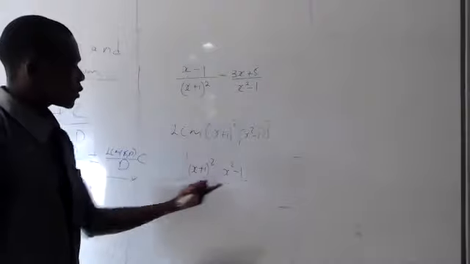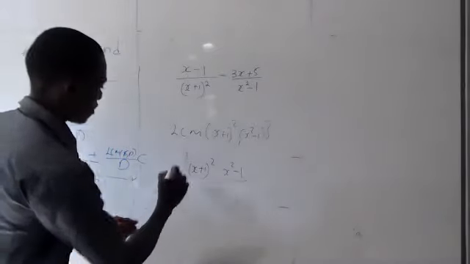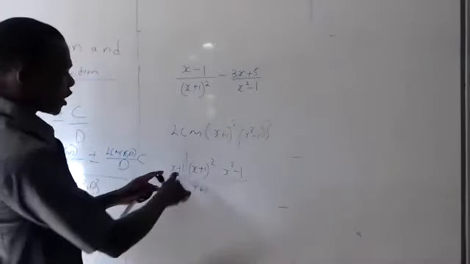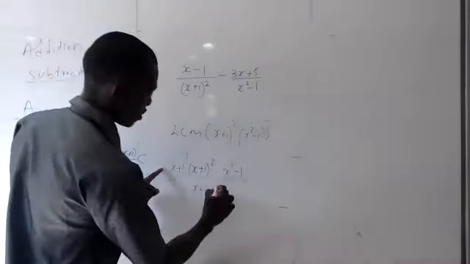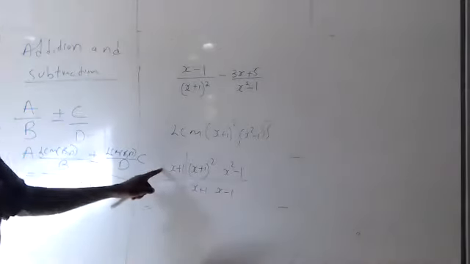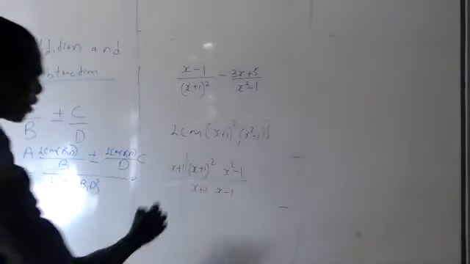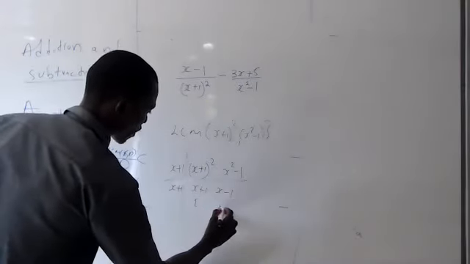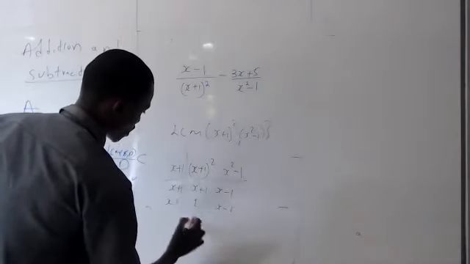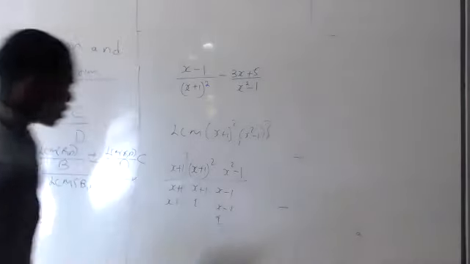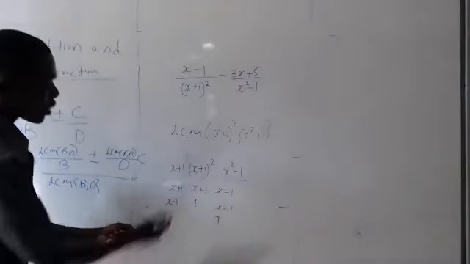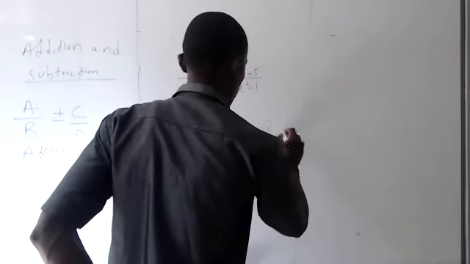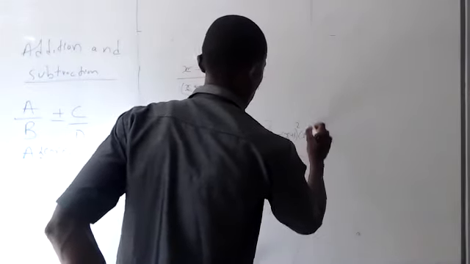So x plus 1 can divide both terms, right? In the first expression you get x plus 1, and x plus 1 into x squared minus 1 will give x minus 1. Then again, x plus 1 can divide x plus 1, but it cannot divide x minus 1. Then x minus 1 can divide x minus 1 once. So the LCM will be this product. So our LCM is going to be x plus 1 squared times x minus 1.